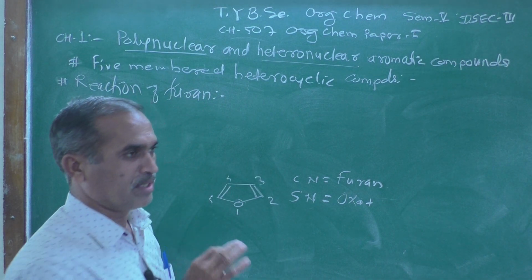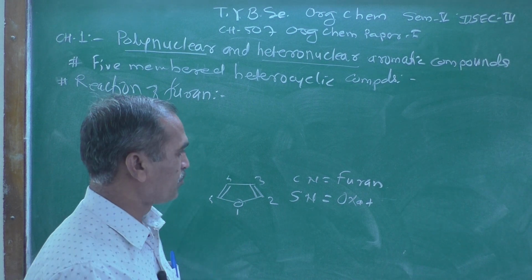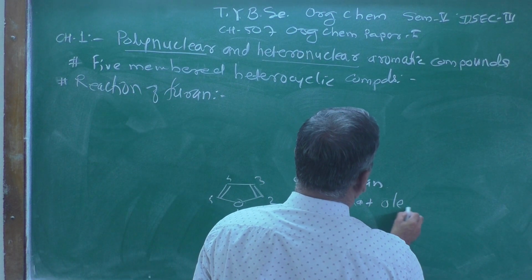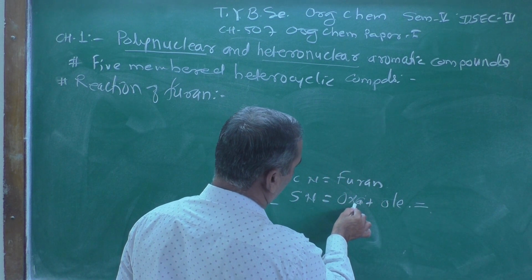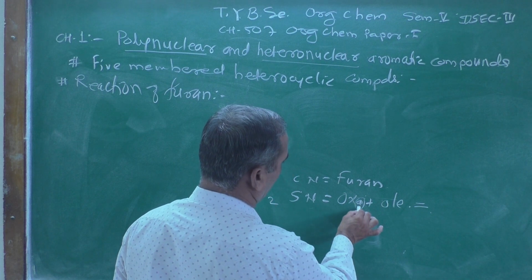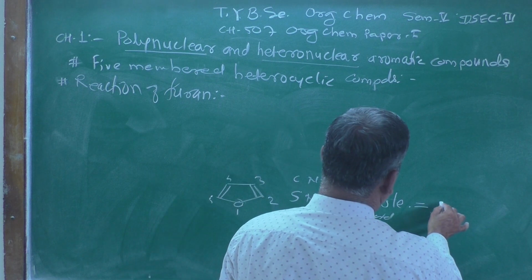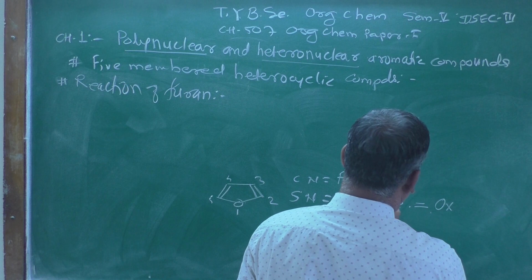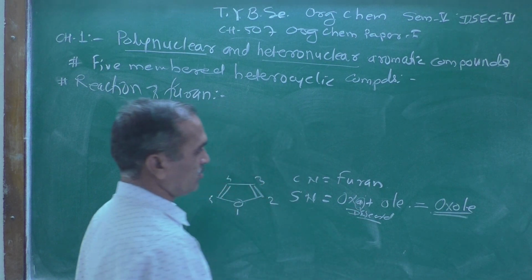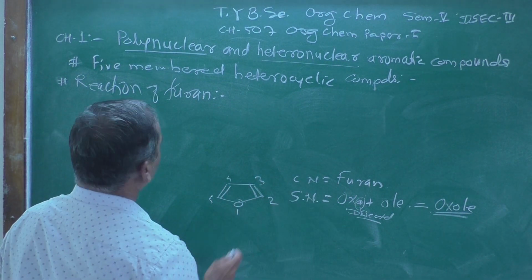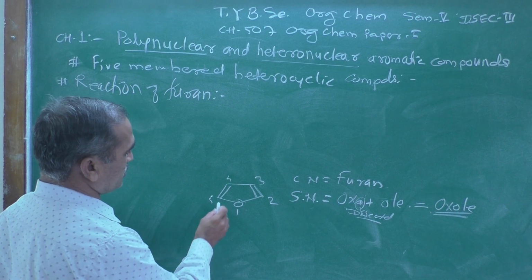It is a 5-membered ring, unsaturated compound, so the suffix to be used is ole, and therefore the a of oxa you can discard from this, and the resulting compound obtained you can call oxole, which is the systematic name of this furan.